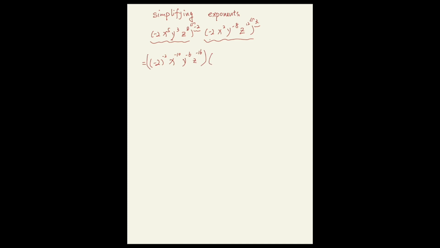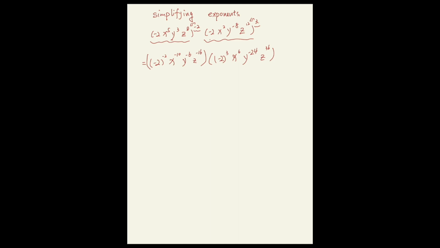And then part 2 is negative 2 to the power of 3, and x to the power of 6, y to the power of negative 24, and z to the positive 36.